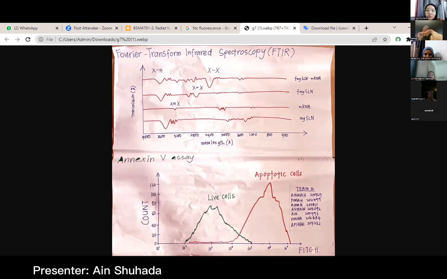When we put it in the body and this FMY, SNN manages to detect the specific cell, there will be another spectra formed in the transmission. We can see there are differences between FMY, SNN and FMY, SNN, mRNA. The new bond formed is the single bond, alongside the triple bond, double bond, and also hydroxyl bond.